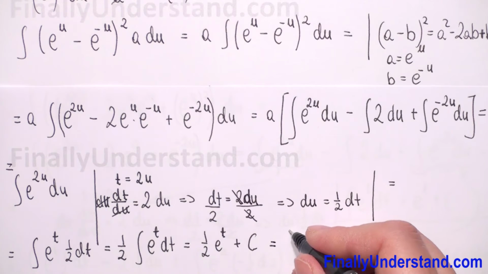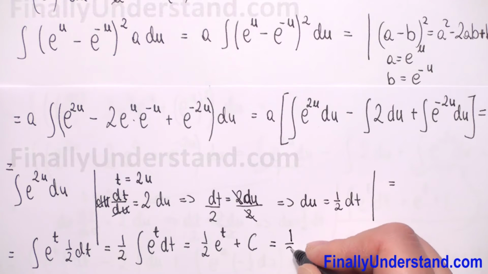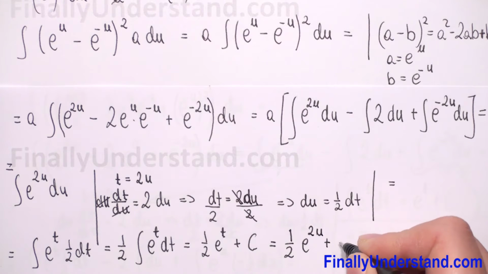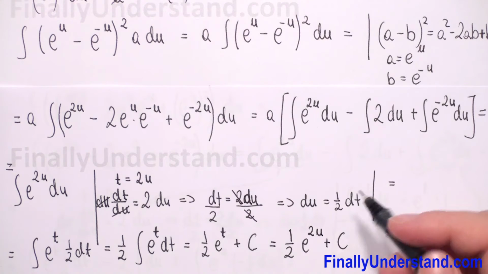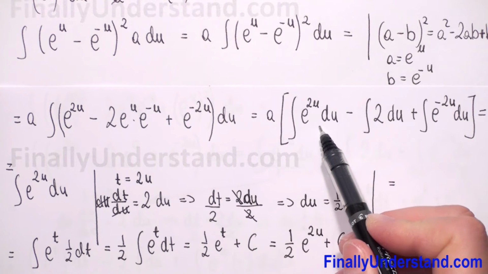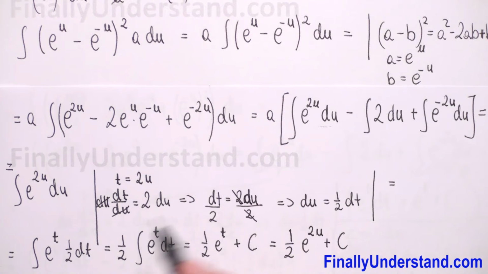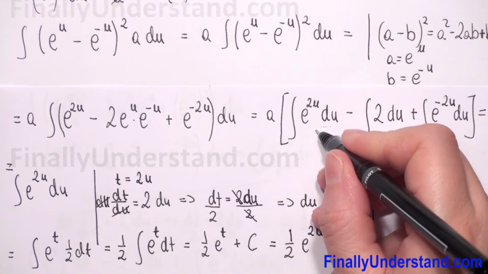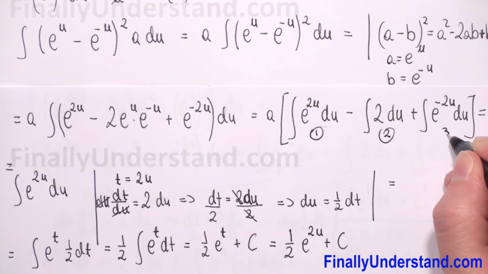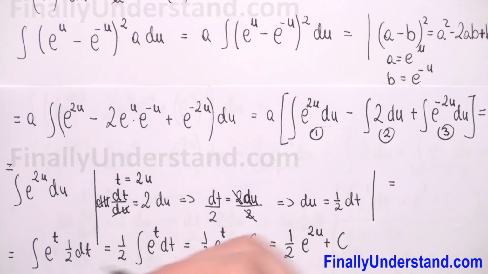So we can substitute t by 2u. So we have 1/2 e to the power 2u plus constant c. We solved this first integral. Next we have, let me put this, it will be the first integral, second integral and third integral.